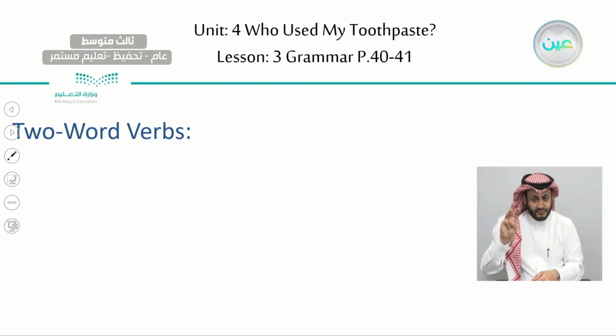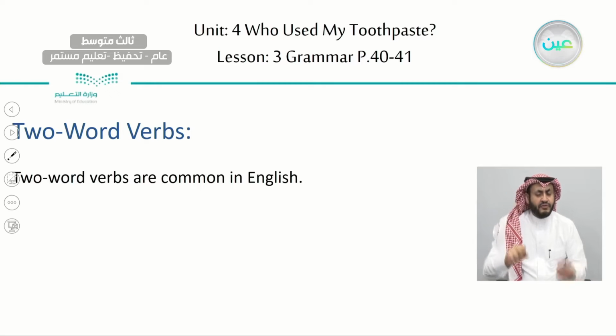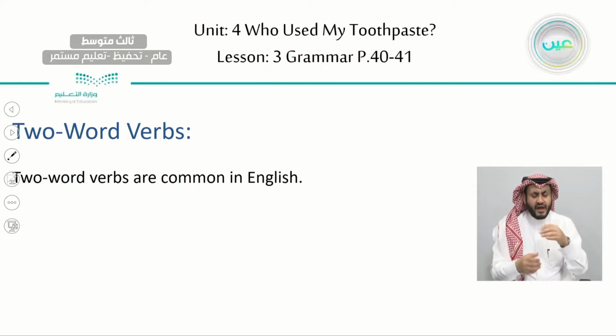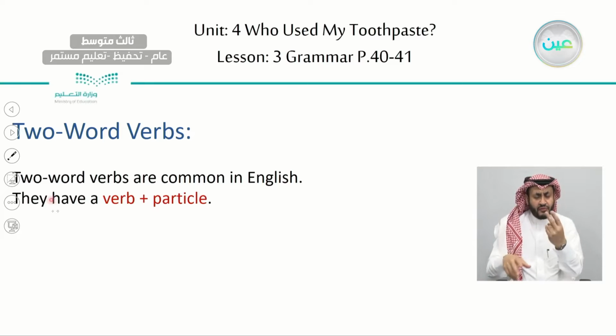How do we use it? How do we structure it? We will learn everything together, okay? So the first statement, we can read it together. Two-word verbs are common in English. They are very common. They have verb plus particle. So you have two parts, the actual verb and the particle.